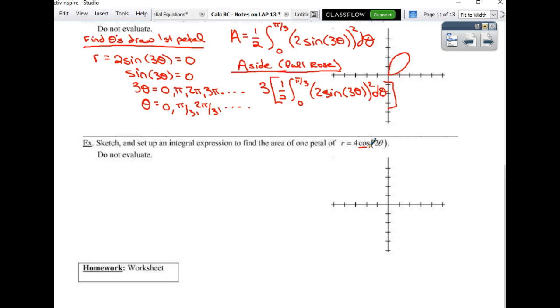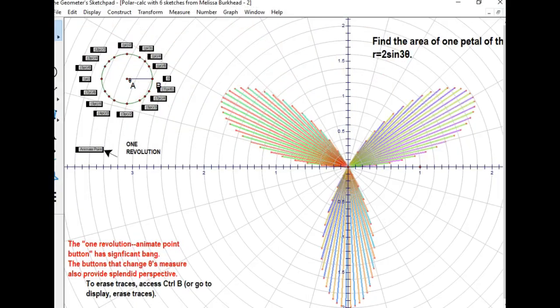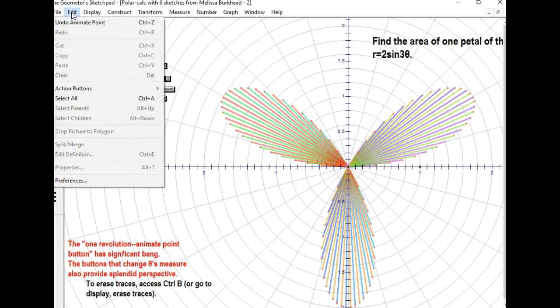We also know that there are how many petals? Because 2 times 2. Even multiples of theta will produce twice as many petals, and I believe I actually can graph that. So this was the 3-petal graph, and we saw that. Let me just animate it one more time for you all.